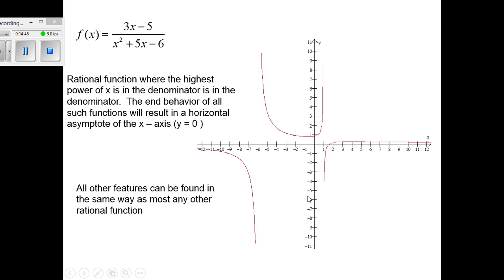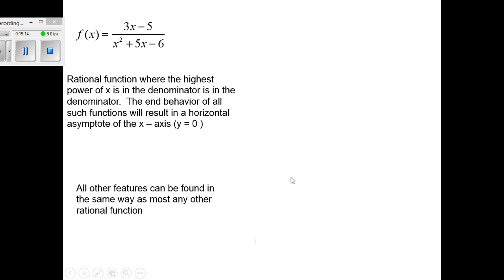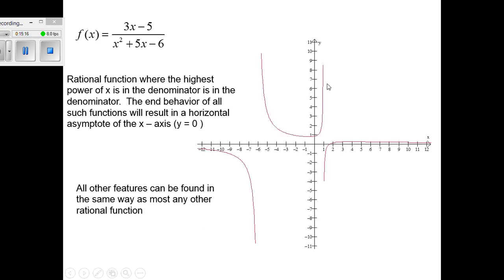There's our asymptotes there. We've got a single x-intercept at 5/3, it's just here, and we've got this y-intercept at 5/6. Our asymptotes are here and here.